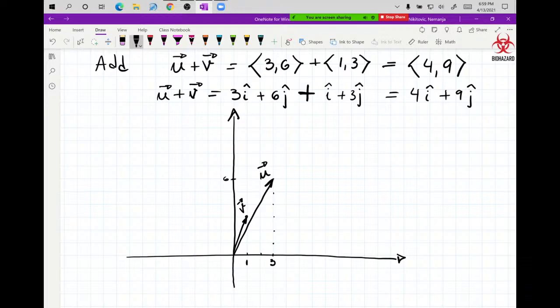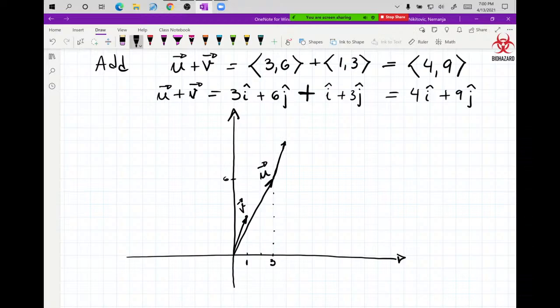To add vectors, you simply move vector v to the tip of the vector u, which is why this is called the head to tail method, because this vector now, the vector v, is going to move and add right here.